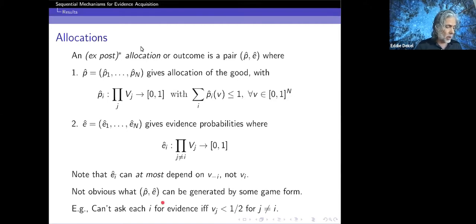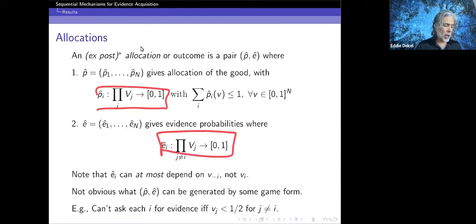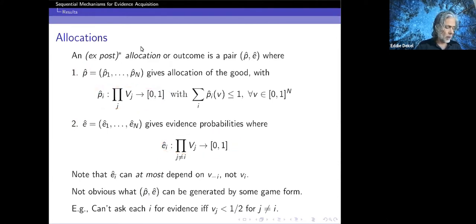In particular, it's not true that every possible p hat and e hat, which are functions of these forms, can be generated by some game. For example, let's imagine there's only two people, I can't ask each of the i's, 1 and 2, for evidence if and only if the other person's value is less than a half. That is a function of this form, but it's not feasible.